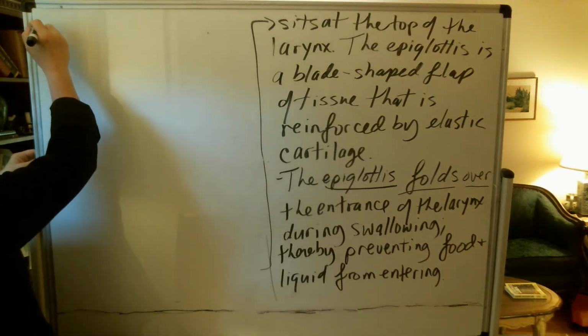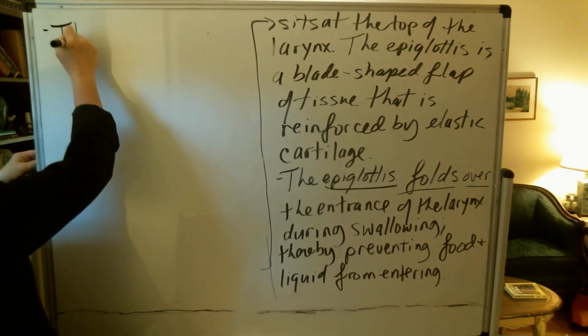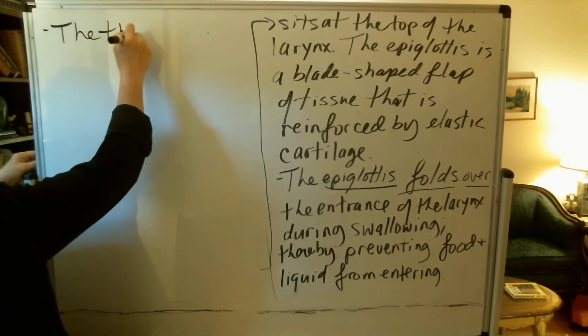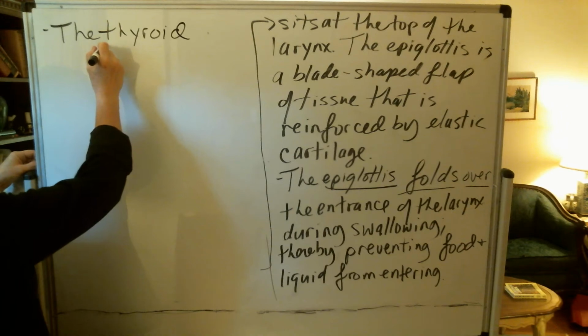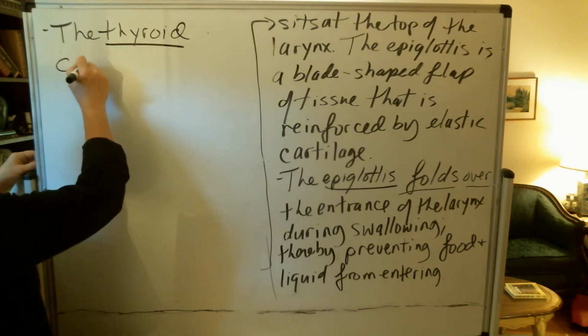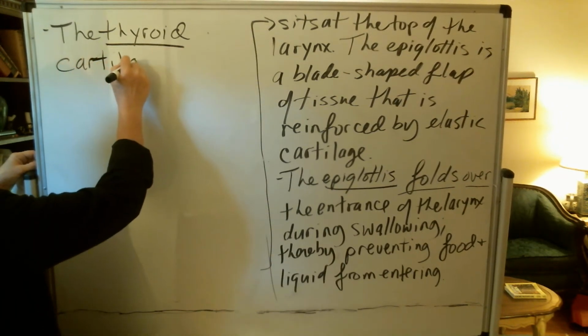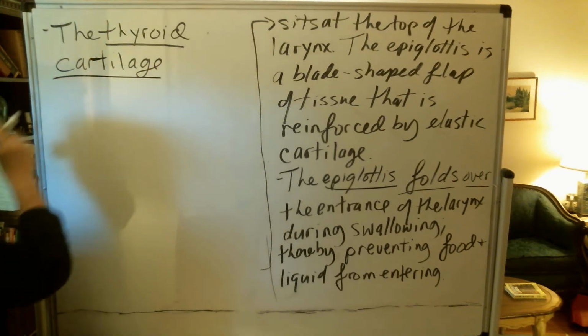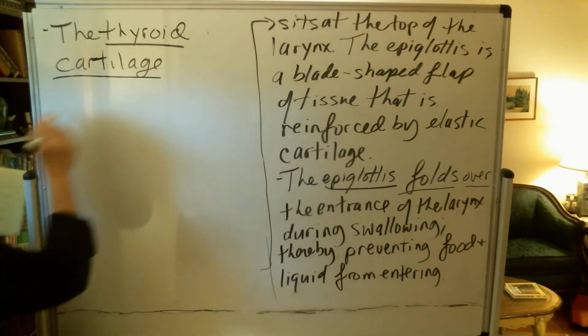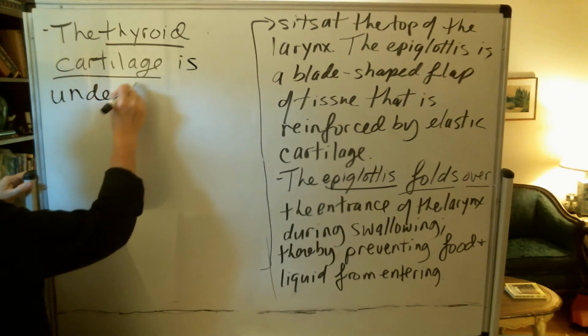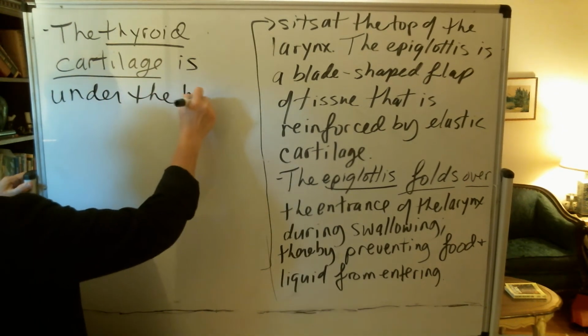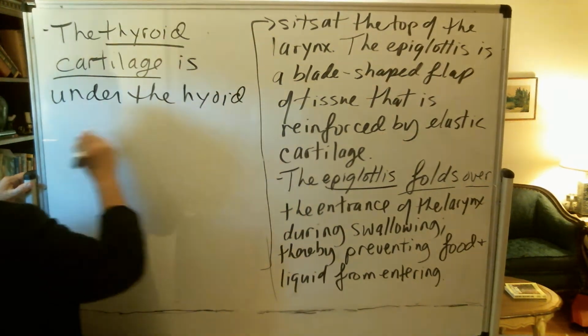Then I'm just going to talk about a couple of the cartilages that make up the larynx. So the thyroid cartilage then is under the hyoid bone.